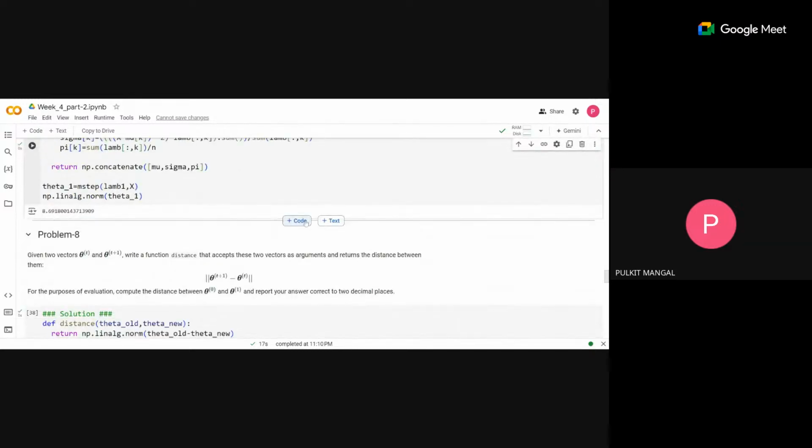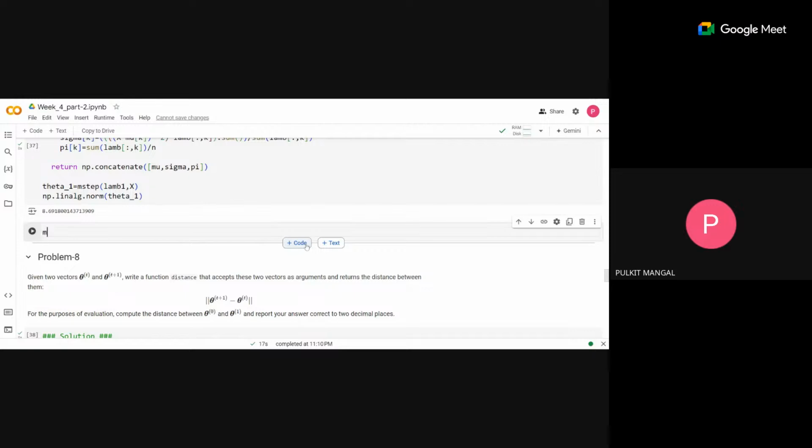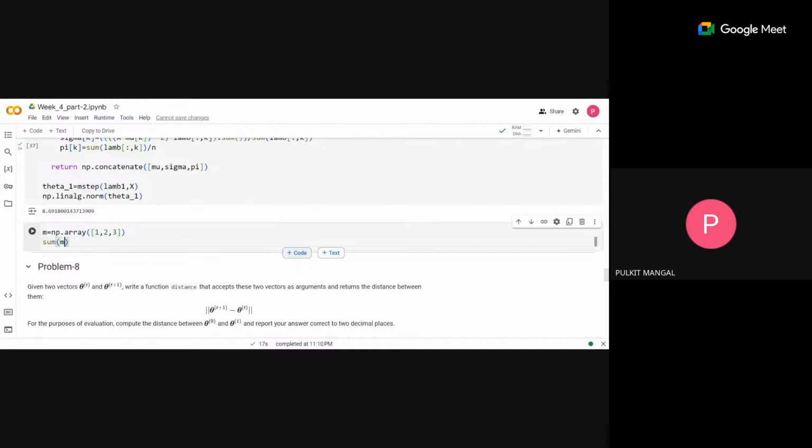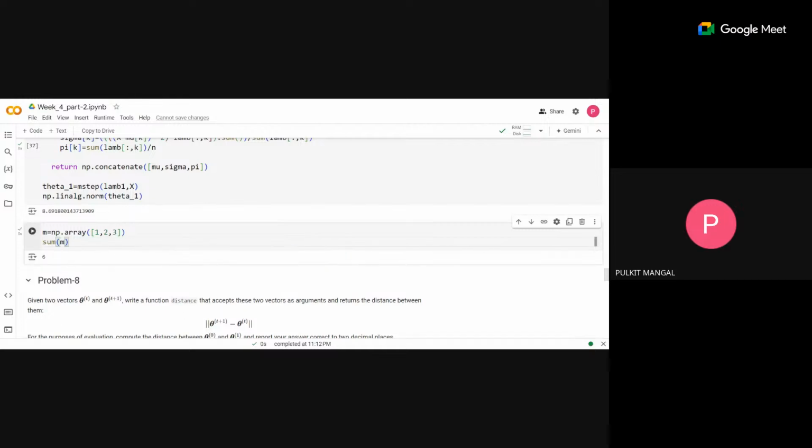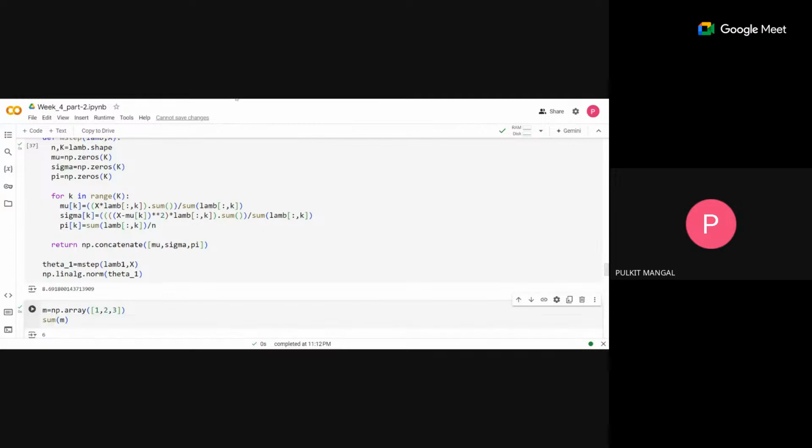Okay, let's do an experiment. So m equal to np.array 2 3. What is the sum of m going to give? Okay, it's working. X into lam, just .sum, minus mu k, the whole square.